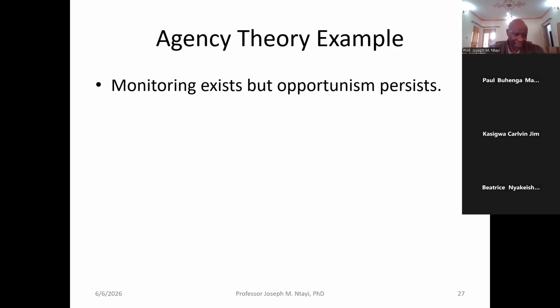So if we take procurement, let's use an example of agency theory, right? For many practitioners who are here and also scholars in procurement, you know very well what's happening, right? People have become professional thieves. And the loophole they use is actually procurement.